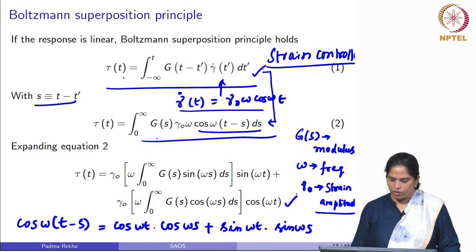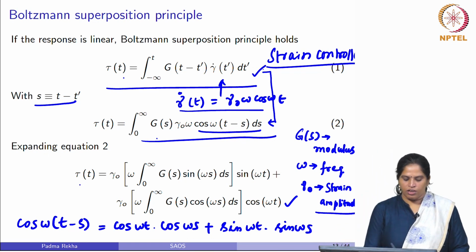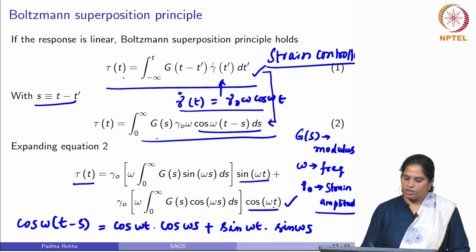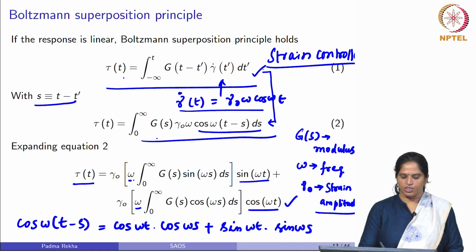Now, when you closely look into these expressions, the response stress function has two components, one is a sine component and the other is a cos component. The coefficient of the sine component is a function of frequency, and the coefficient of the cos component is a function of frequency.